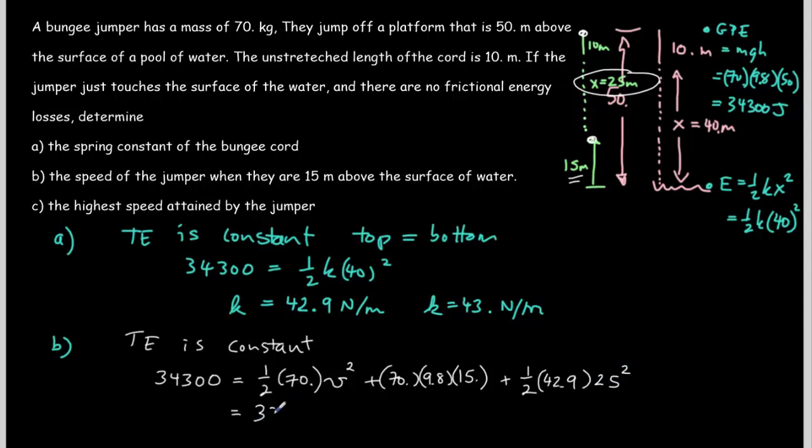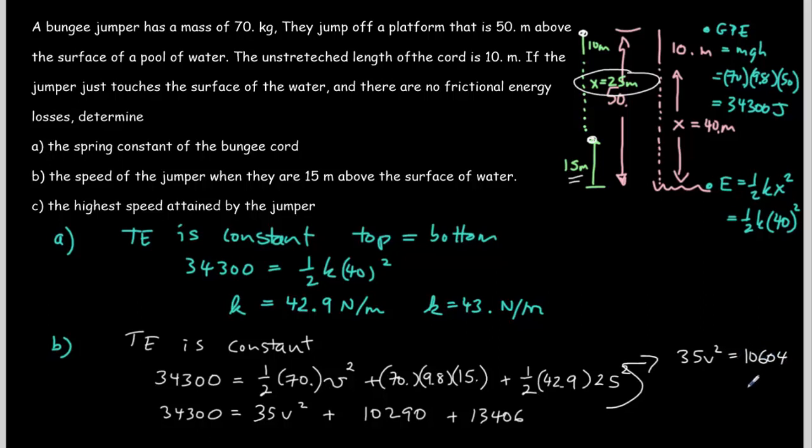So we'll get 35 v squared equals 34,300 plus 10,290 plus 13,406. You should get that. 35 v squared is equal to 10,604 when you subtract.